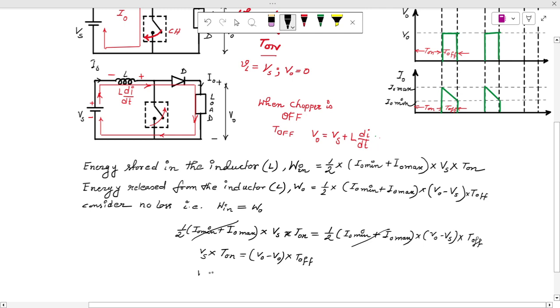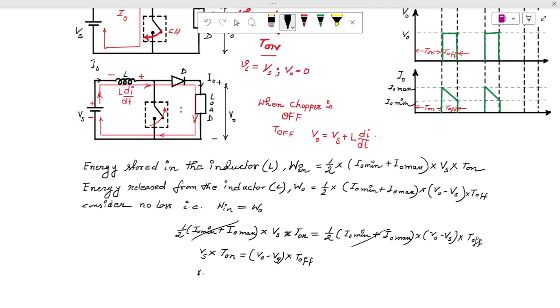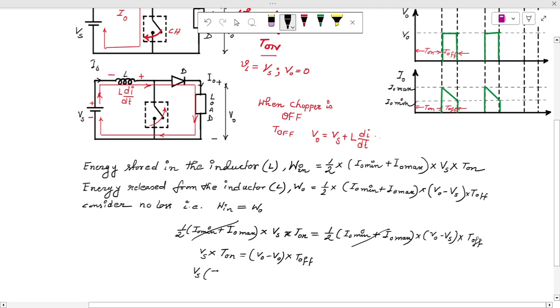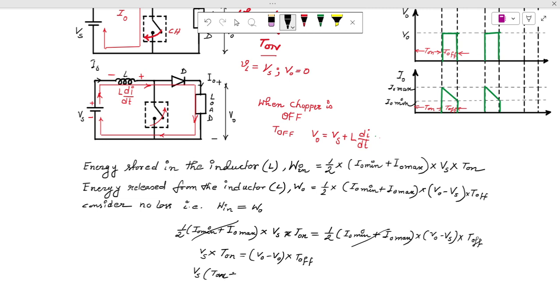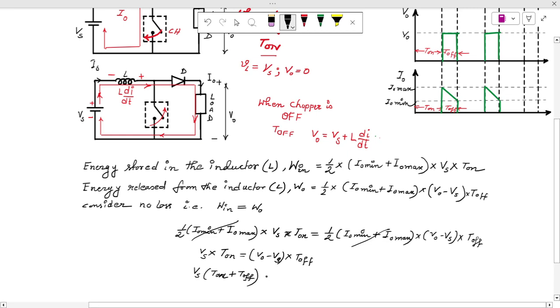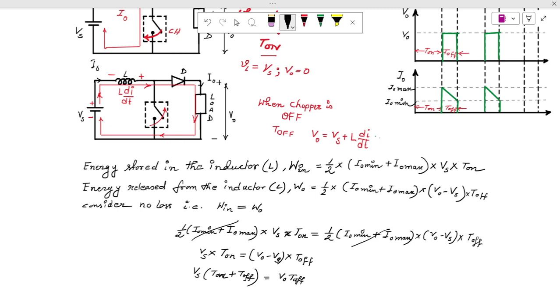We can write Vs into T on plus Vs into T off, that means V naught into T off. Now we know T on and T off.